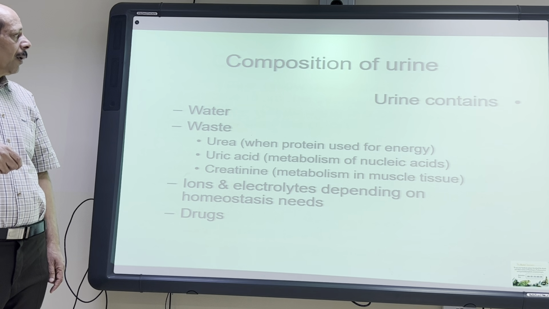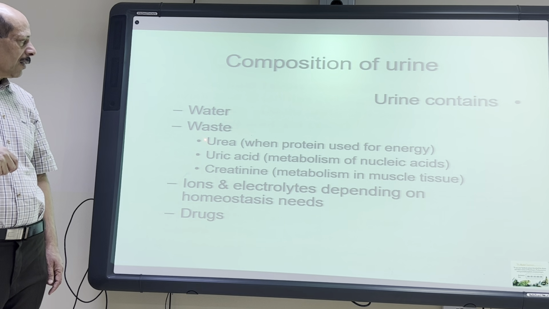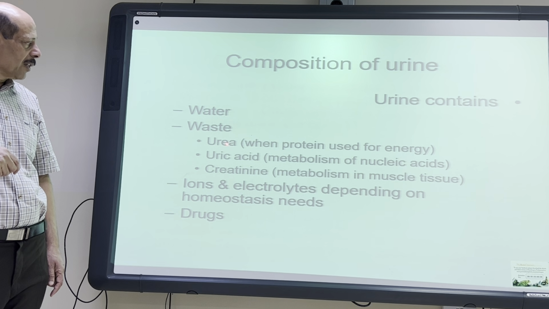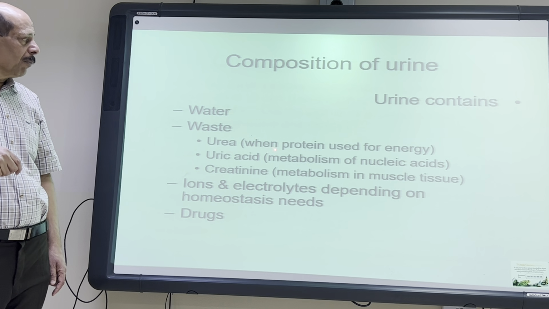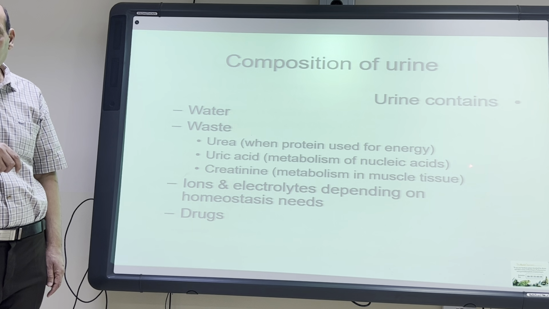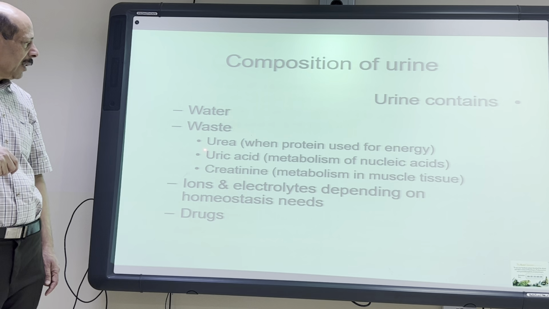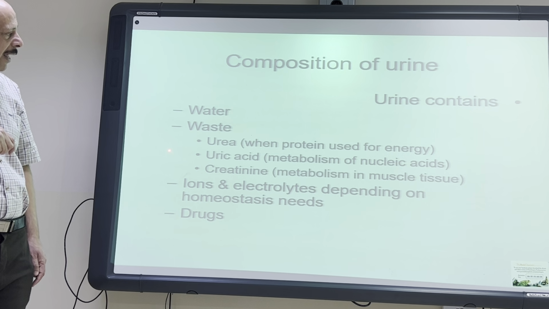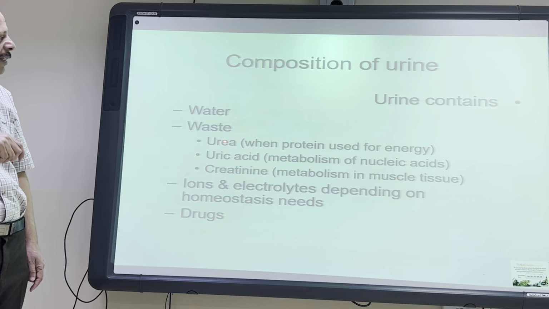So, as we said, the urine contains water and waste. The waste which is there: urea, because when protein is used for energy, one of the end products of protein metabolism is urea.